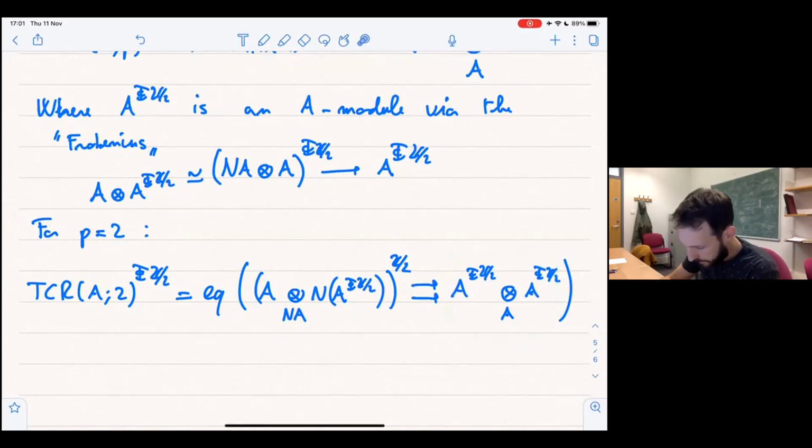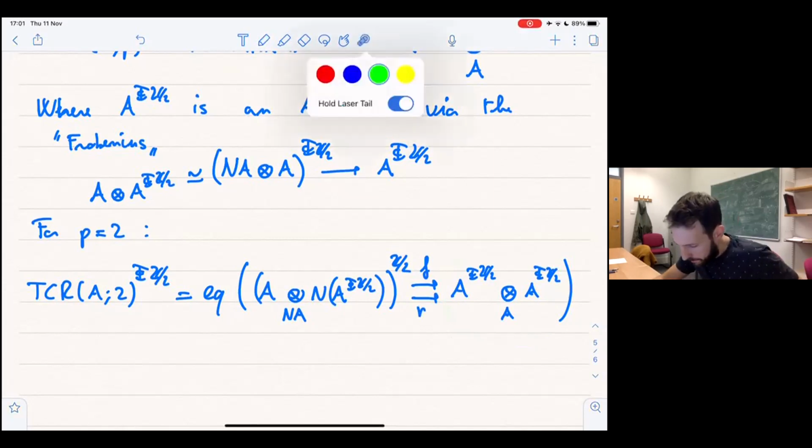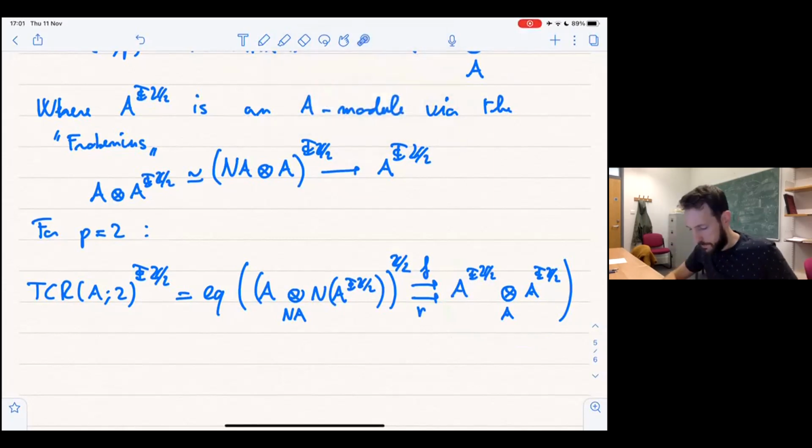Okay. And these maps, there's something that looks like a Frobenius and something that is going to look like some restriction. I'm not going to insist on what these maps are, but there is an equalizer like that.